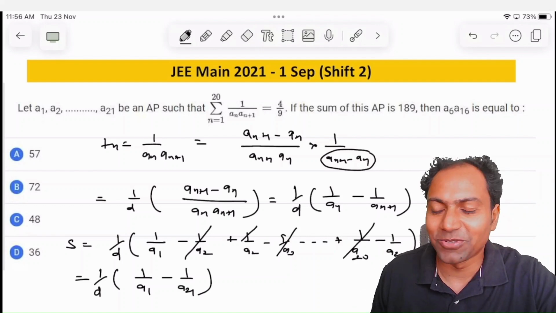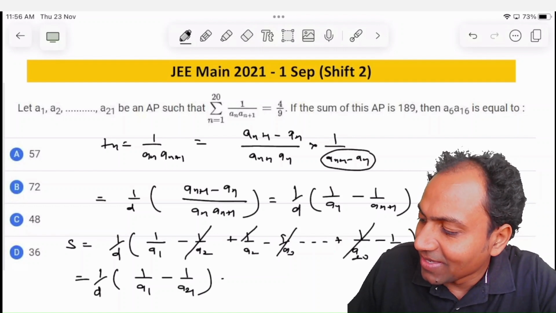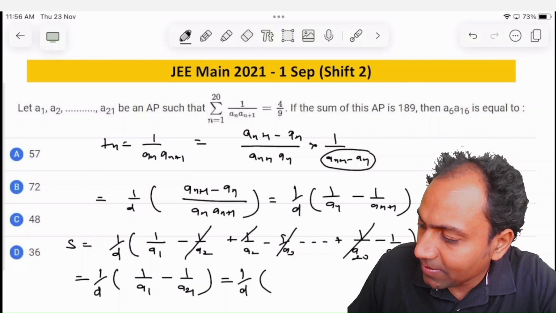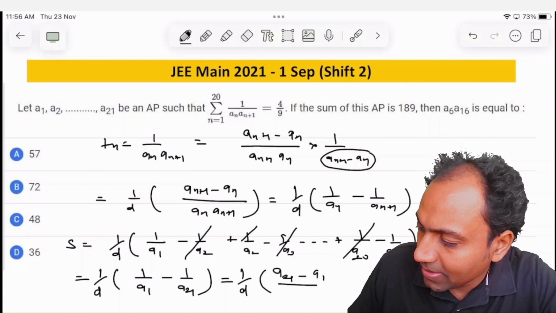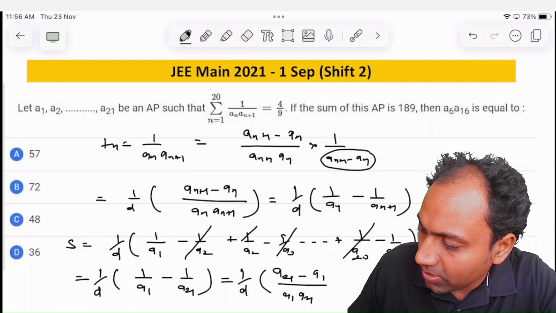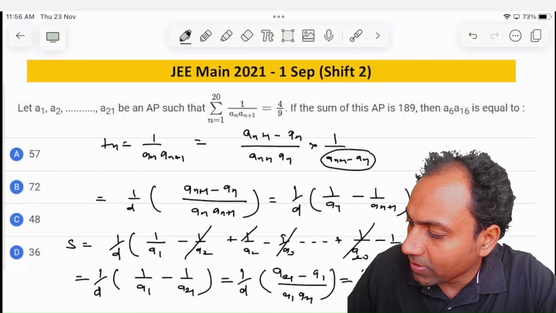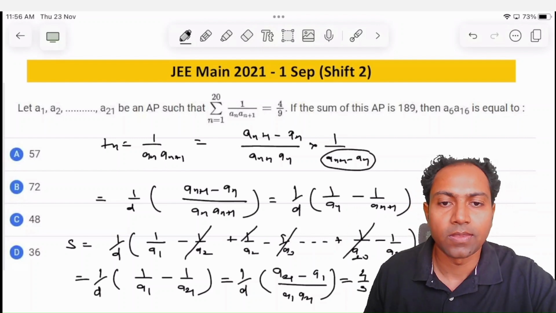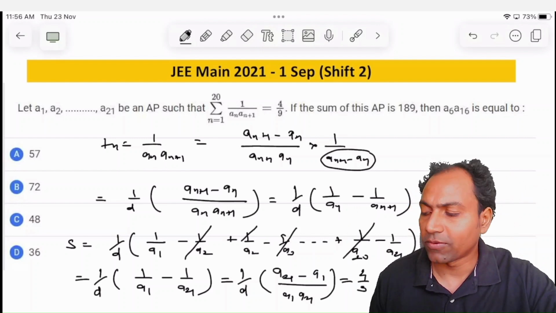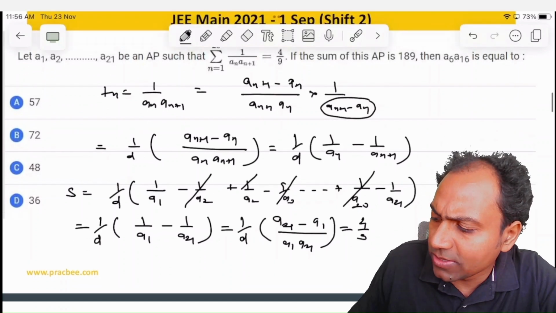And you should smile after looking at this, because now if I take the LCM again, it becomes (a21 minus a1) by a1 into a21, and they have given the value of this expression as 4 by 9. We can equate this to 4 by 9. So after doing this, the next step is quite simple.